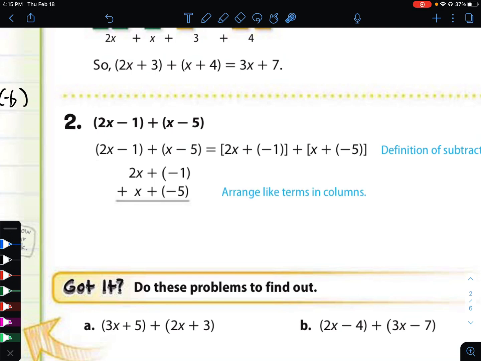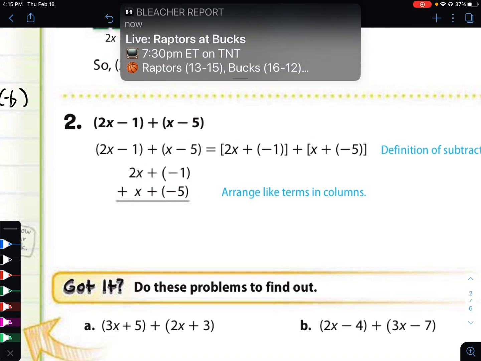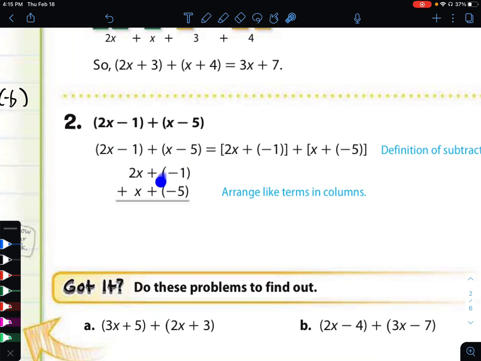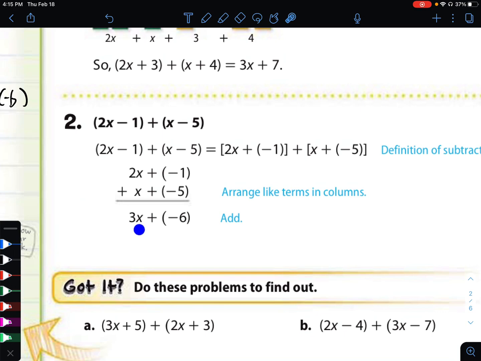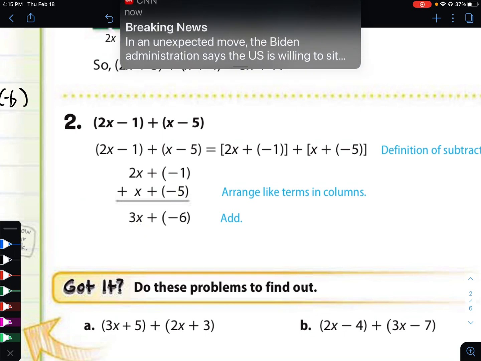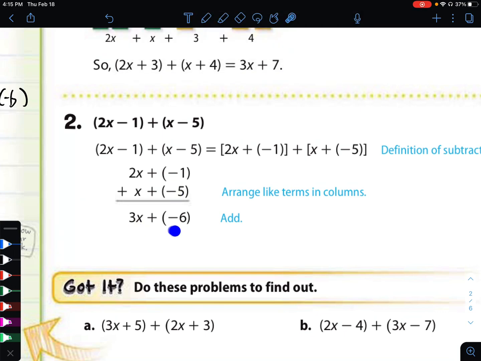So let's take a look at how that works. You have 2x and x, which are like terms, so we arrange them in that column. Negative 1 and negative 5 are also like terms. We arrange them in this column. So when we do that, 2x plus x will give us 3x because they're like terms, and negative 1 plus negative 5 will give us negative 6.